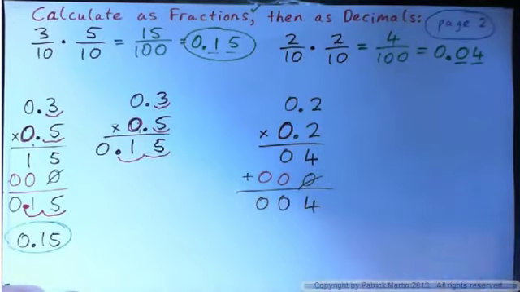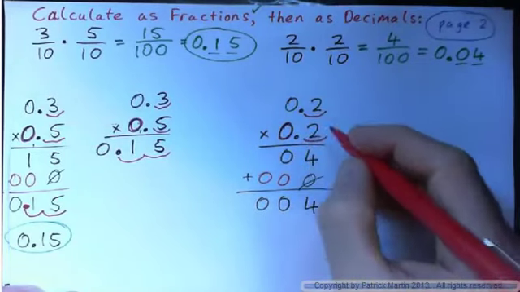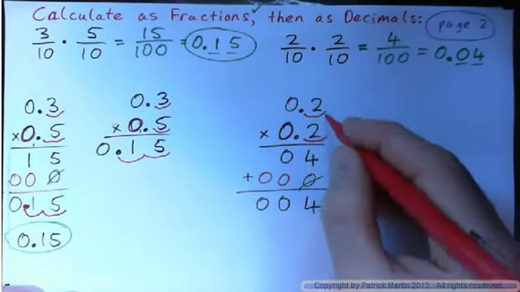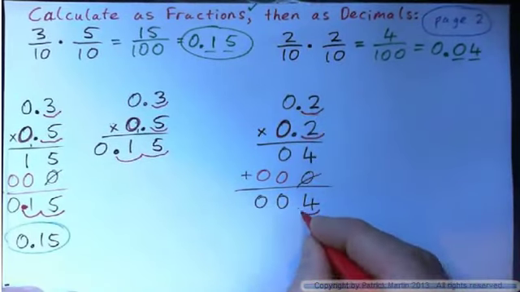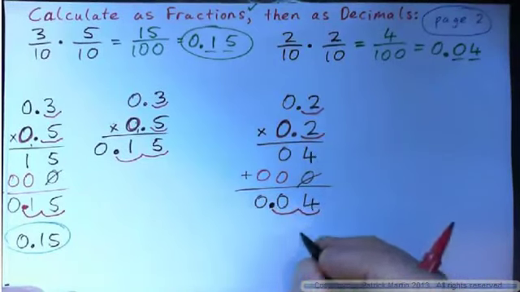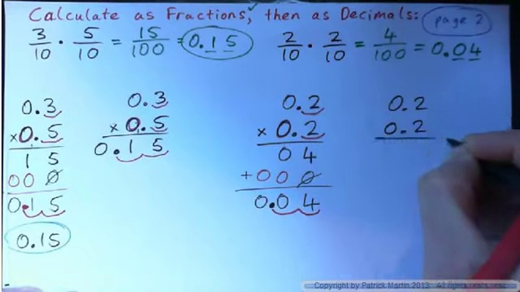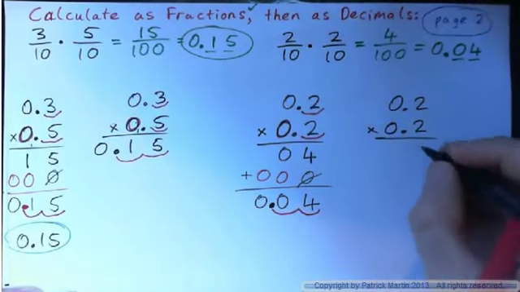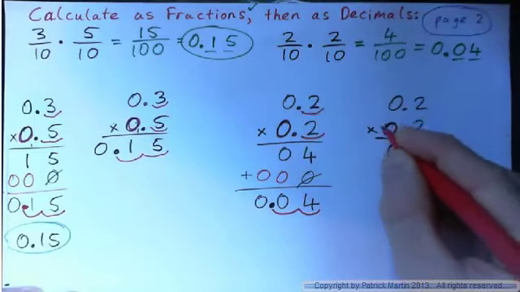It doesn't matter. But there are 1, 2 decimal places in the problem, so there's going to be 2 in the answer. See, 1, 2. And then you stop right there, and the answer is 0.04. Okay? And just really quickly, if you wanted to, just go 2 times 2 is 4, 2 times 0 is 0, and just stop there because you know this is going to give you zeros anyway.